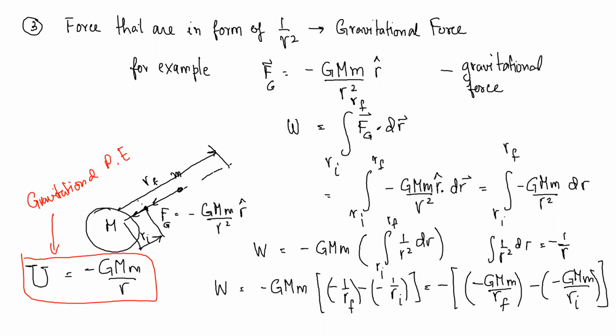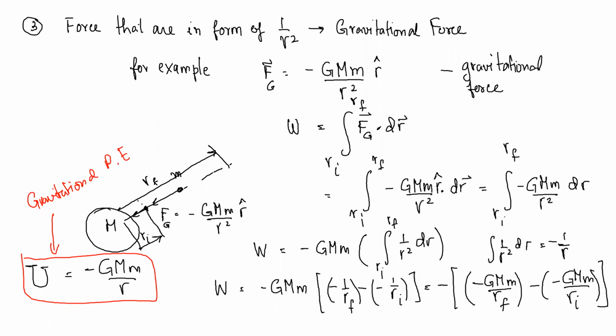So the gravitational force can be approximated to be mg. But if you're thinking about something like Earth and Moon or planets, the radial part is significant. So the gravity is minus GMm over r squared, according to gravitational attraction, in the direction of r.